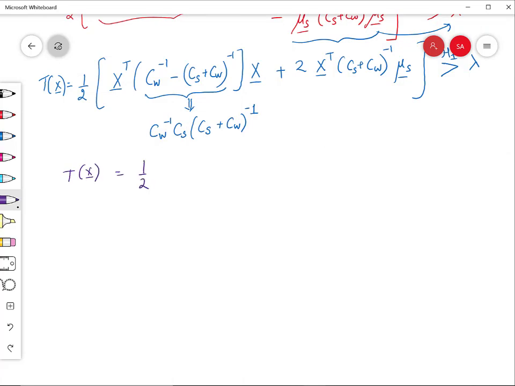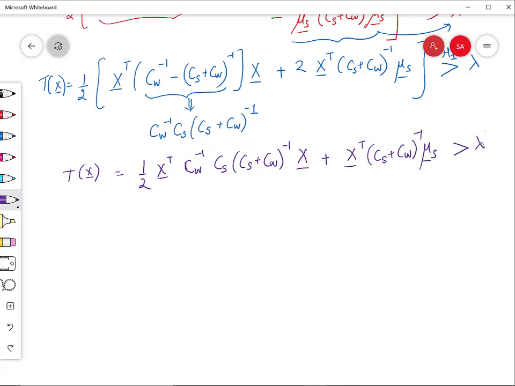So this turns out to be half of x transpose CW inverse CS (CS plus CW) inverse x plus x transpose (CS plus CW) inverse mu of s. So this is our whole thing here. Now you can see it comprises of a quadratic term as well as a linear form in x.